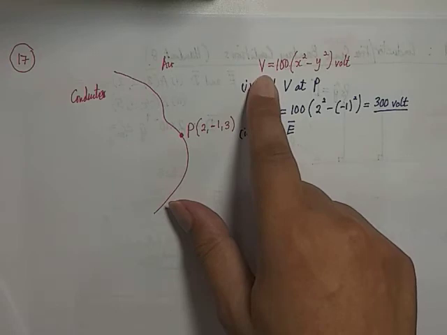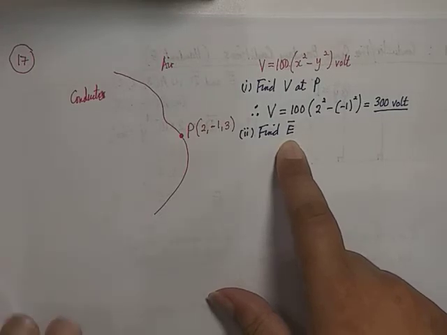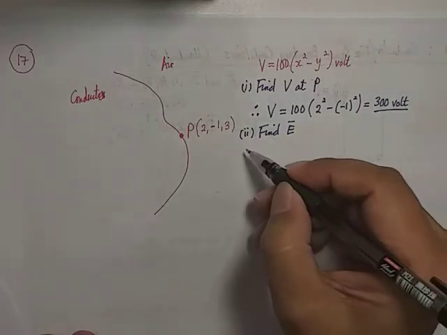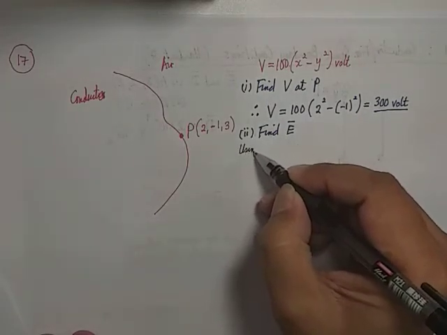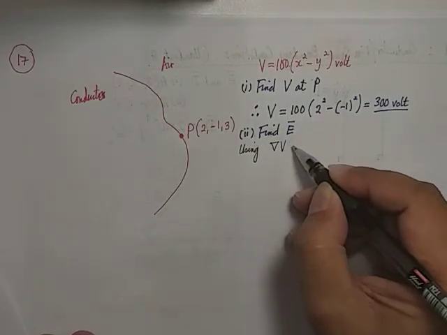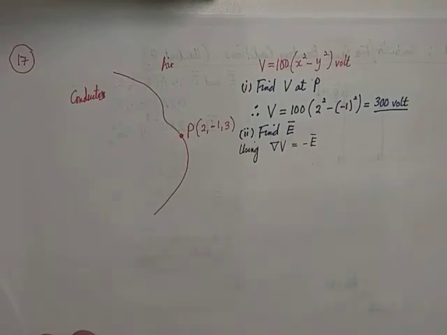So how are we able to determine the electric field from the potential? Does anyone still remember the method? Good. I'm going to state now, using the equation grad V equal to negative E.